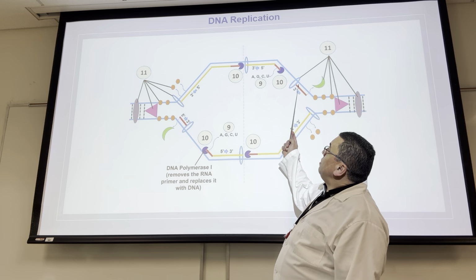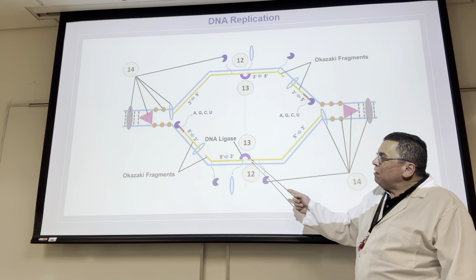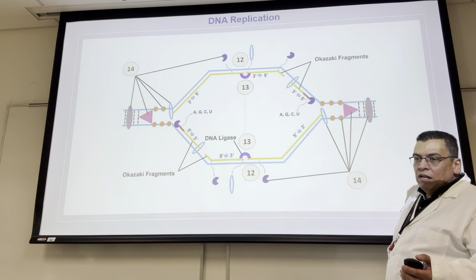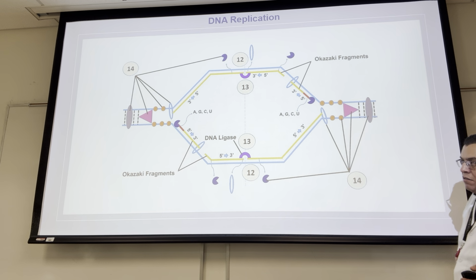There's a gap between this piece and this piece that you have to seal. Otherwise, you're going to have broken pieces of DNA. And that's the function of the last enzyme, DNA ligase. There it is, a complete piece right there, after DNA ligase does its job.